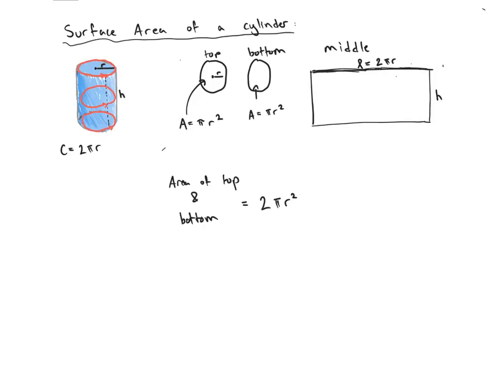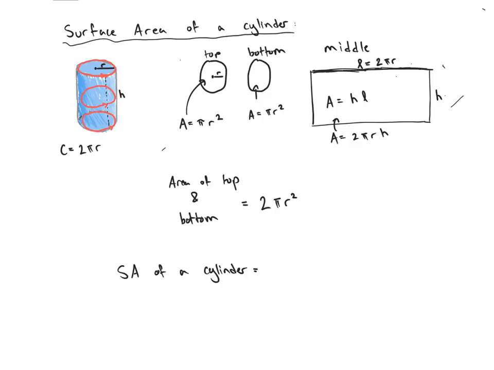Since the area of this rectangle would be h times L, that means the area of this shape equals 2 pi r h. And thus, the surface area of a cylinder can be found if you know the height of the cylinder and the radius of the cylinder.